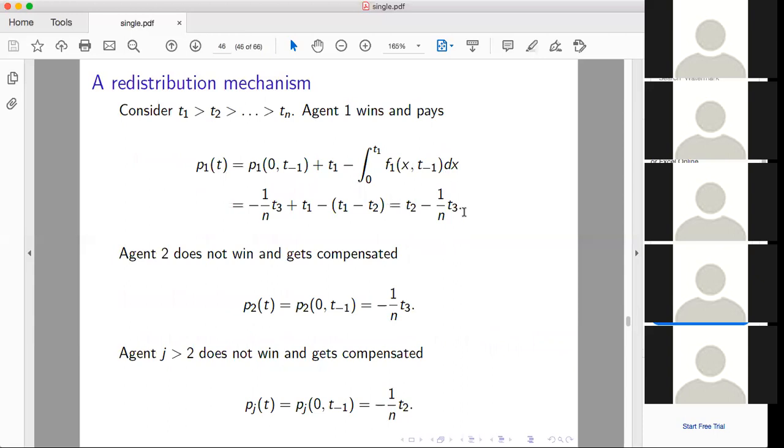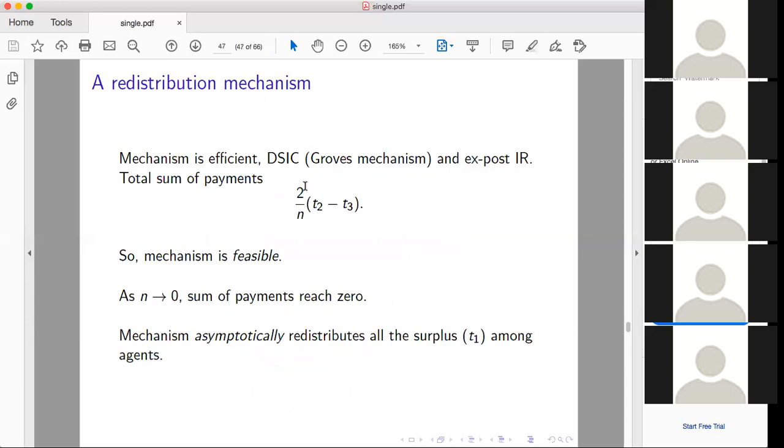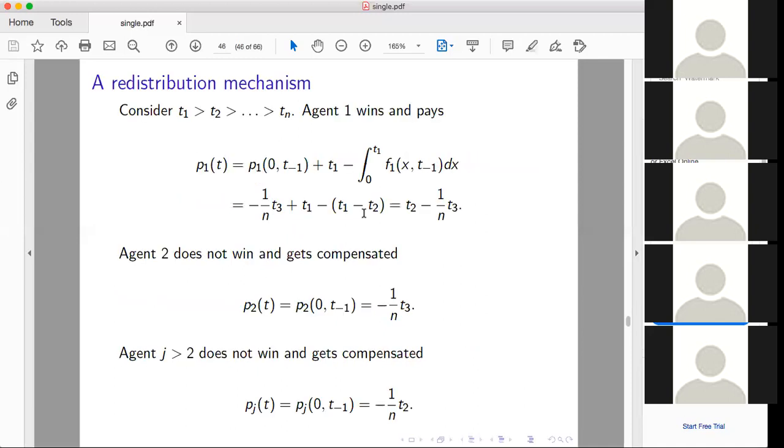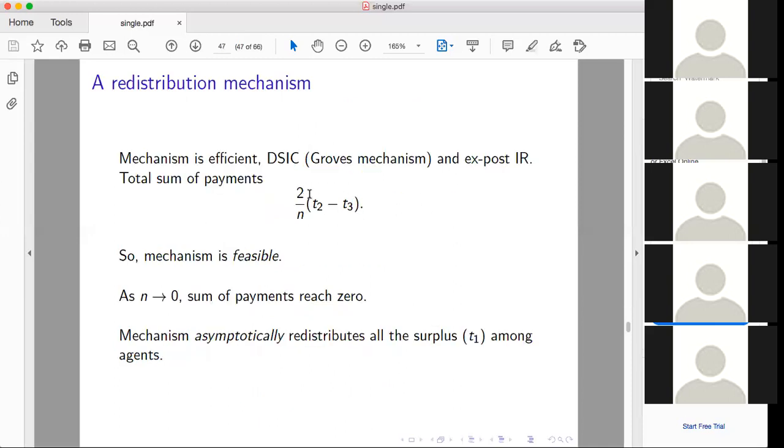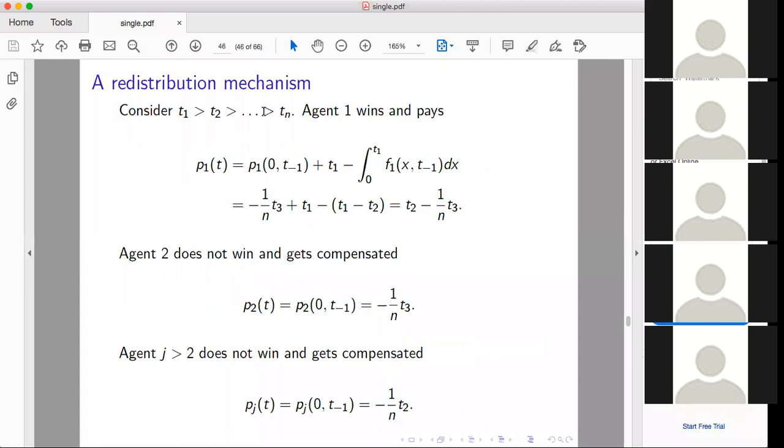If you sum these three terms, you'll get 2 by n times T2 minus T3. You should quickly verify that the sum of these payments is exactly equal to 2 by n T2 minus T3. And this is obviously a non-negative term because T2 is greater than T3.